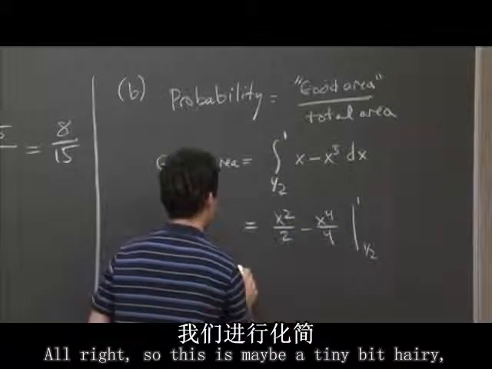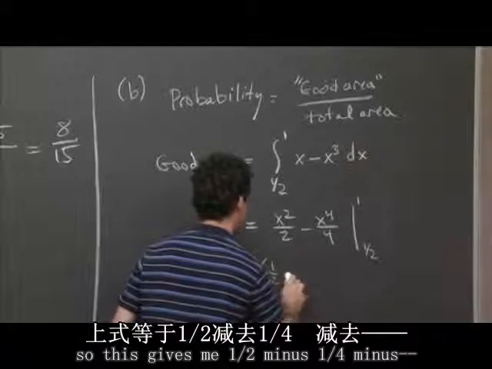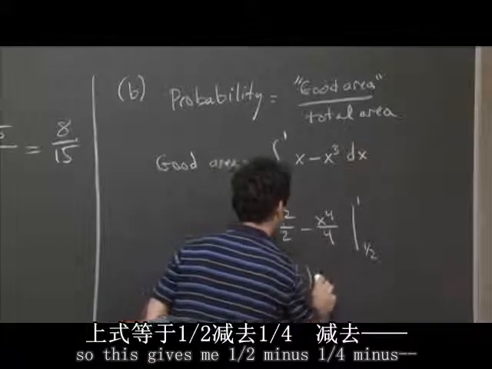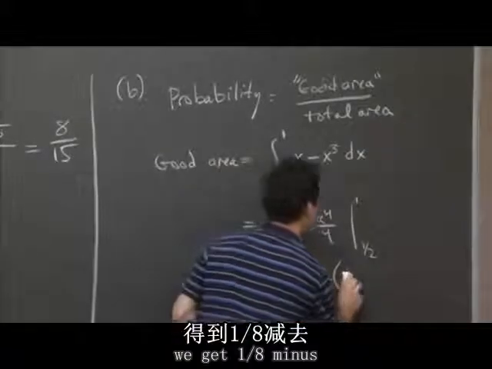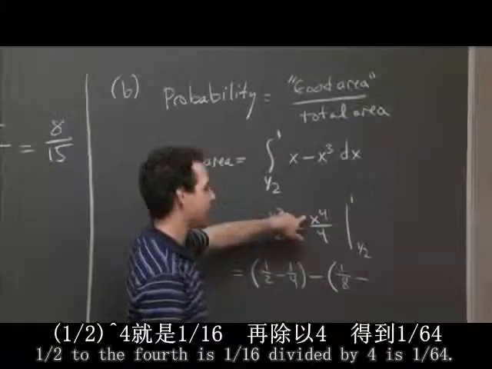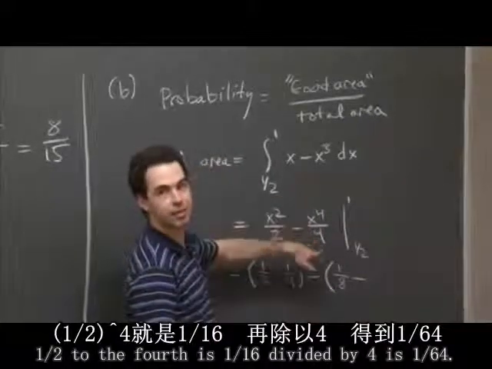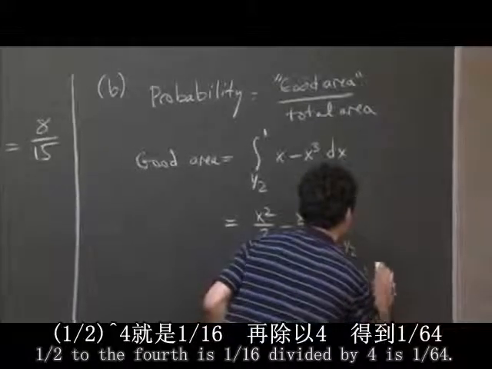All right, so this is maybe a tiny bit hairy. So this gives me 1/2 minus 1/4 minus, well, we put in a half here, we get 1/8 minus 1/2 to the 4th is a 16th divided by 4 is 1 over 64.